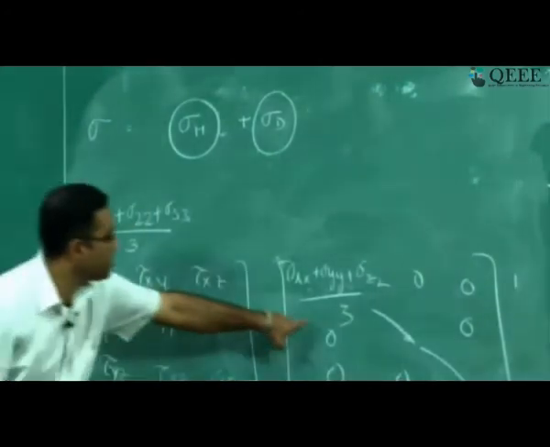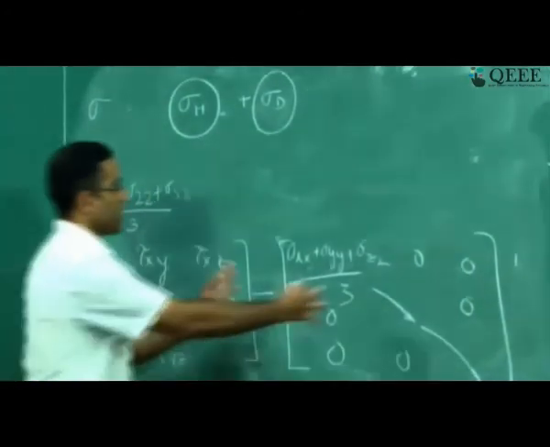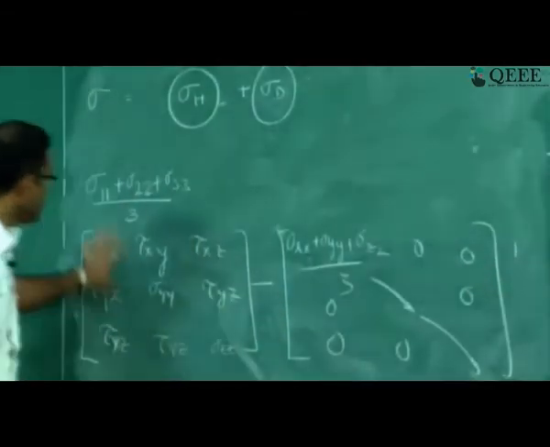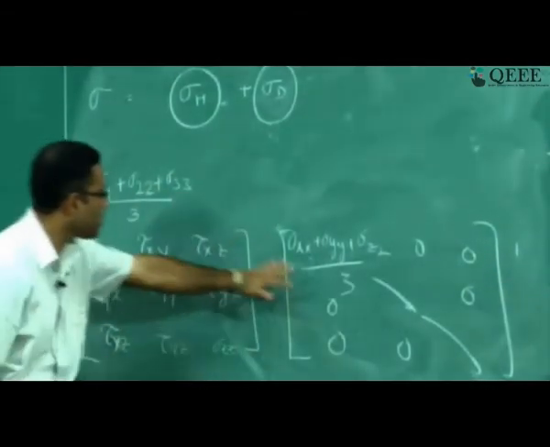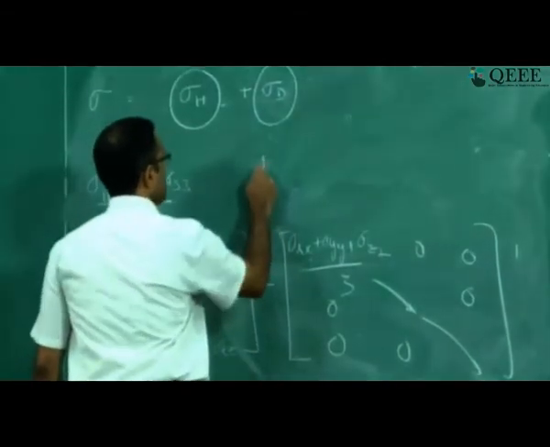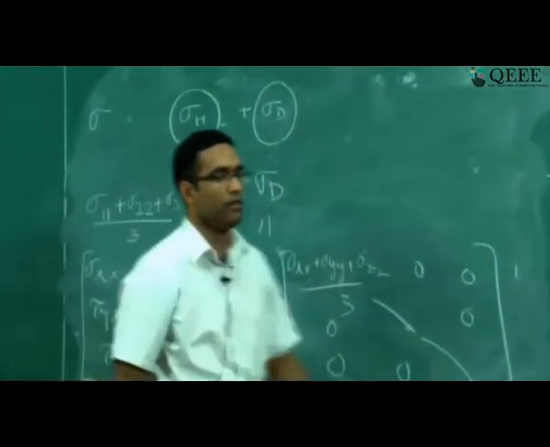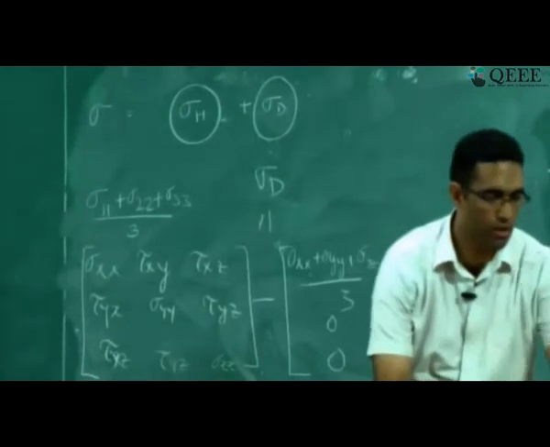This will be the hydrostatic component of the stress tensor. This will be the total stress tensor. If you subtract the two, you will get what is called the deviatory component of the stress tensor, which is there on your slide, equation number 13.